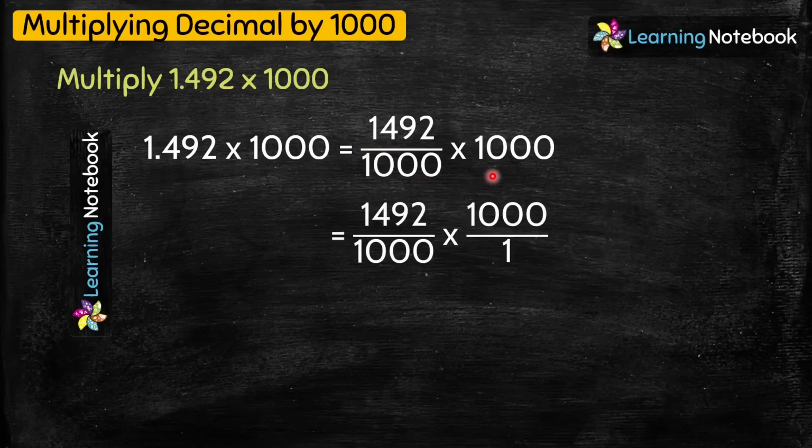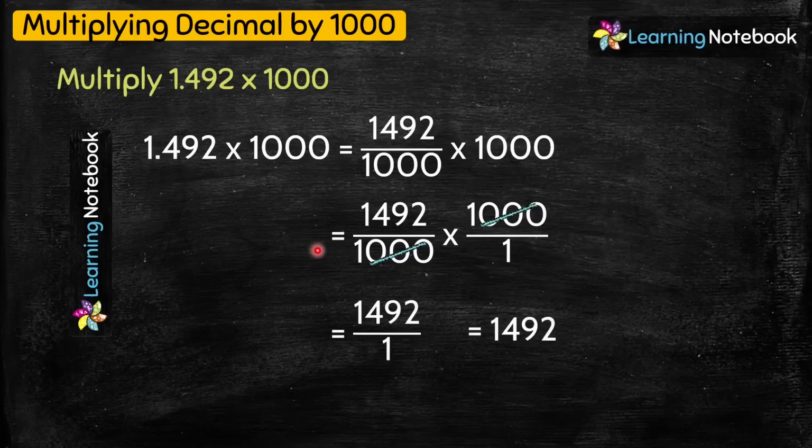And this 1000 can be written as 1000 by 1. Cancel all the 3 zeros by 3 zeros. And we get 1492 upon 1, which is equal to 1492. So students, our answer is 1492.